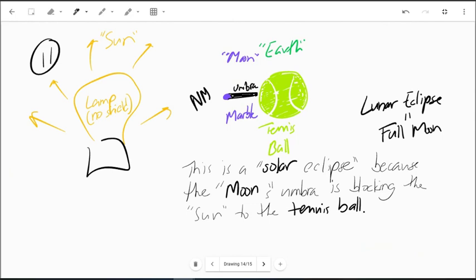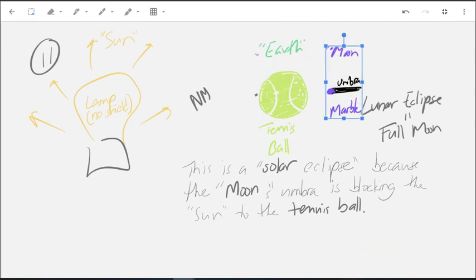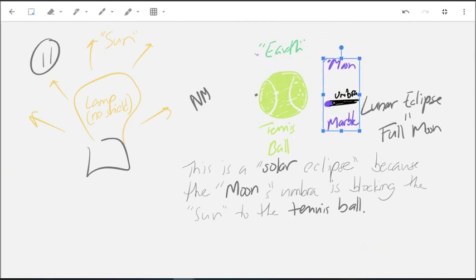All right, so this is a solar eclipse because the moon's umbra is blocking the sun to the tennis ball. If I wanted to do a lunar eclipse, I would take my moon and my marble and I'd put it over there.